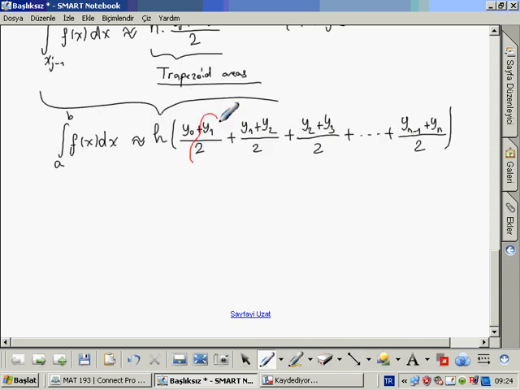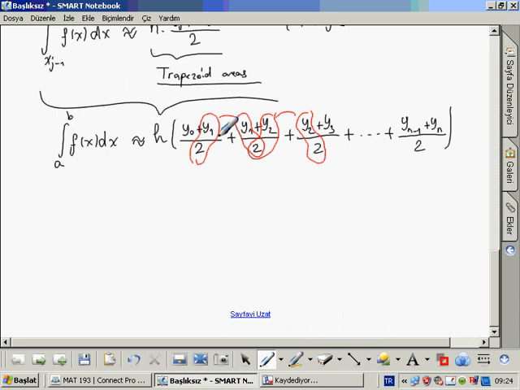And as you see, when you add these green parts to each other, you will obtain only y1, y2, y3, and so on up to yn minus 1.